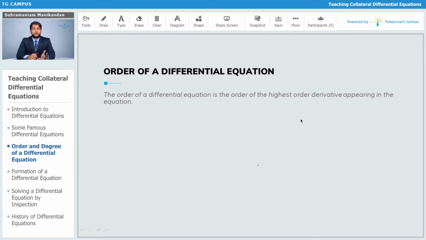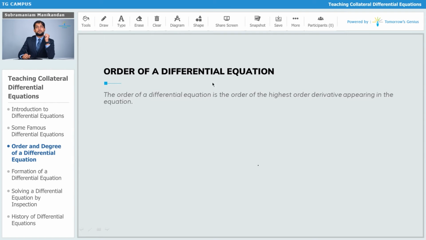We know that we obtain differential equations when there are differential coefficients of certain variables with respect to other variables. So what is the maximum number of times that one variable has been differentiated with respect to the other variable? That is the highest order derivative. The order means how many times the differentiation process has been performed on one variable with respect to the other.